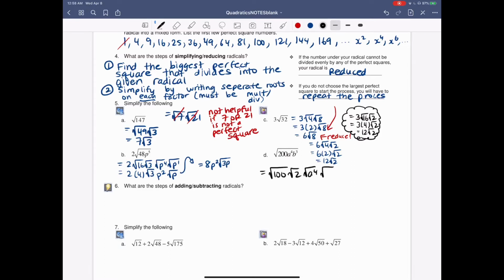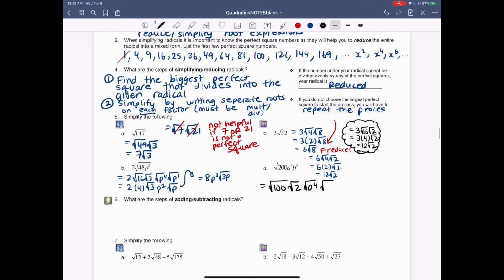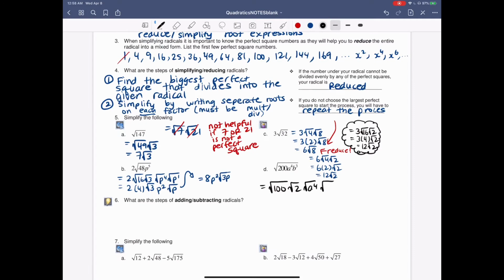But b^3 has an odd exponent. And so I want to remove any even exponents like 2, 4, 6 out of it. So how do I break that apart? I could break it into a b^2 and a b^1, because b^3 separates into b^2 and b^1 under the square root, because b^2 times b^1 equals b^3.